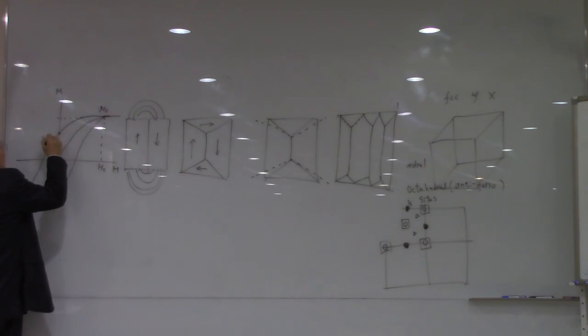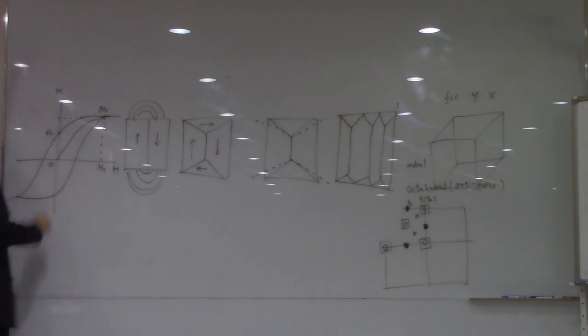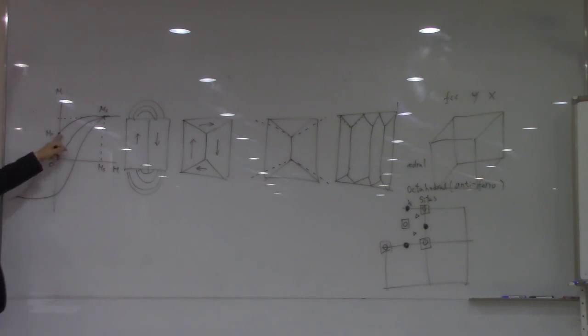And this is the remnant magnetization, which means if we take away the magnetic field, the material still has a magnetic moment like this, without any magnetic field.